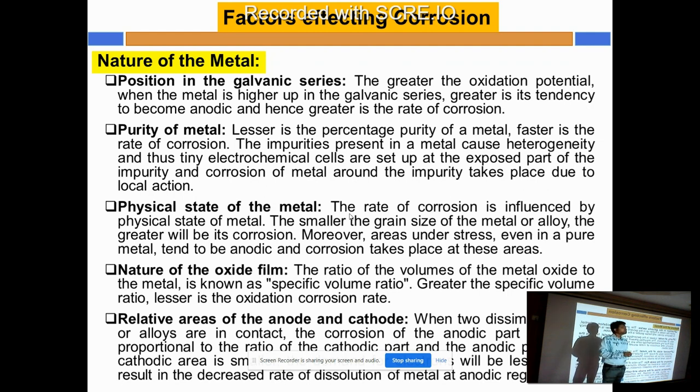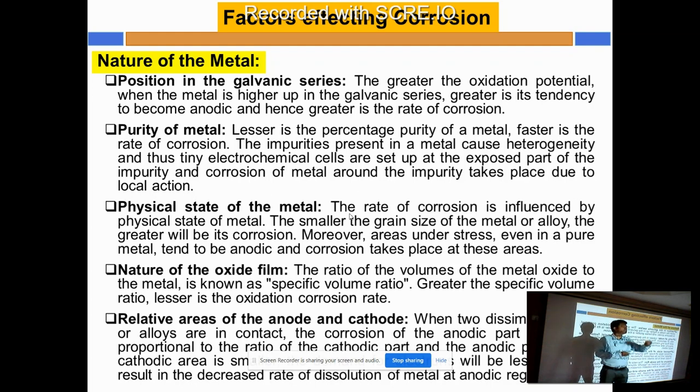They will break easily. In order to improve the strength, workability and hardness, we add certain other metals into the silver or gold. So that will increase the lifespan and longevity, and the other parameters will be improved if we add some other metals.